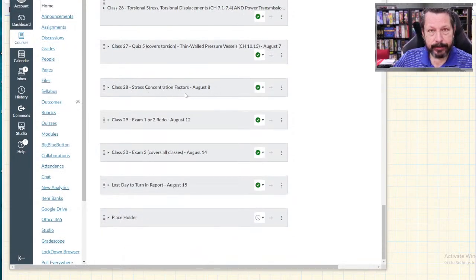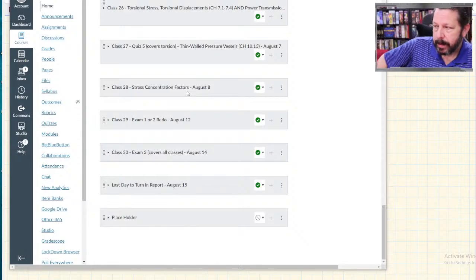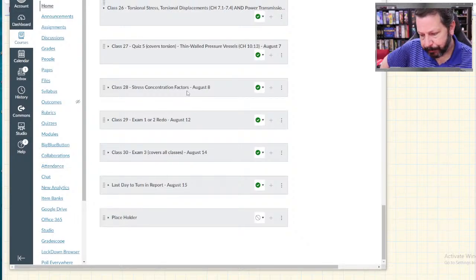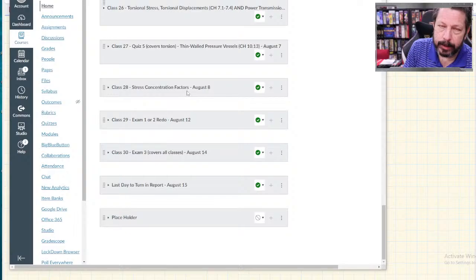Stress concentration factors. All of the calculations that we've done have assumed this average stress calculation. That's fine, and it's actually where you start. But when you apply a load, like these point loads, theoretically the point load is applied at some point, but really it's spread out over a little bit of an area.